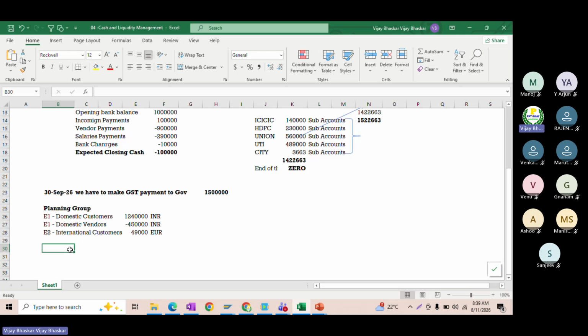See now, we have considered only small amounts. But imagine if it is an organization, an MNC, how much amount is going every day, how many incomings, how many payments, how many customer and vendor transactions are happening in a day. We need to think from that perspective.